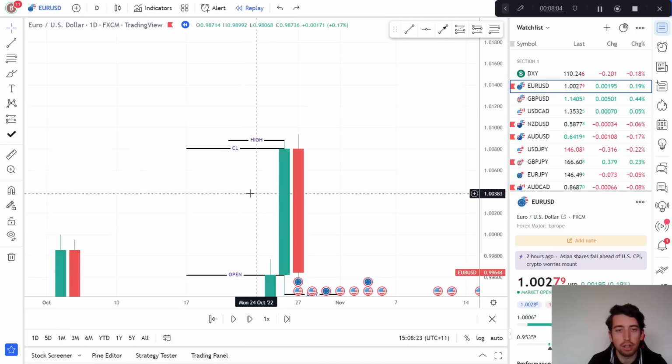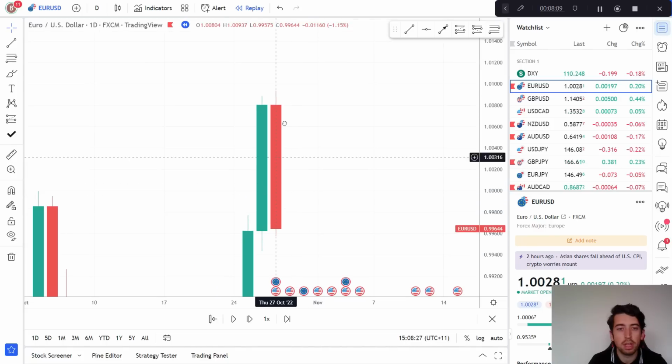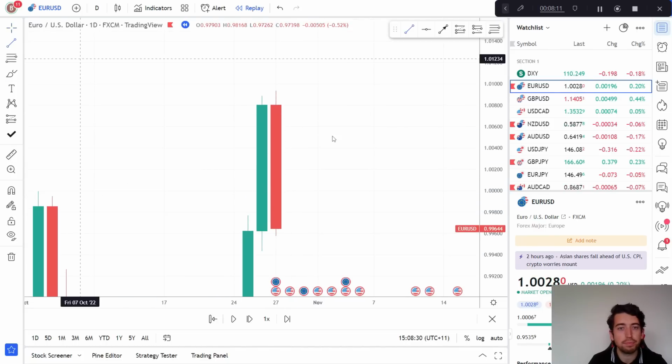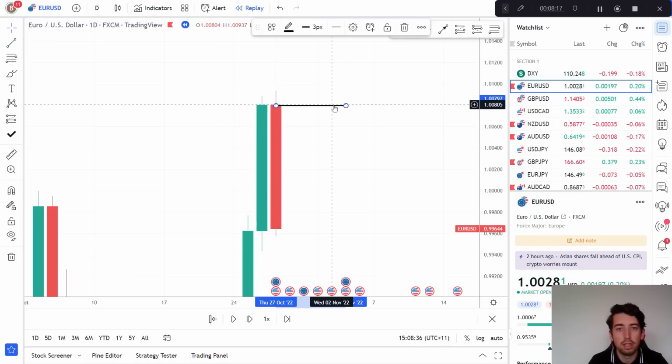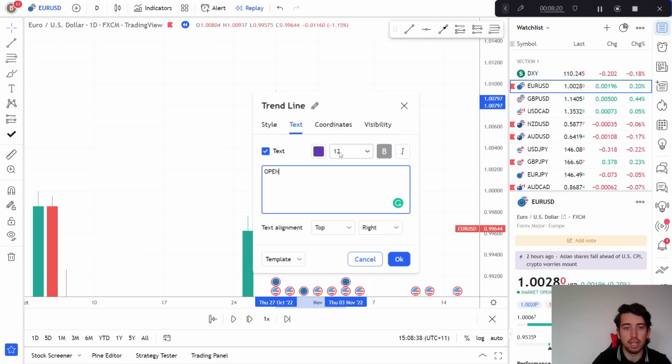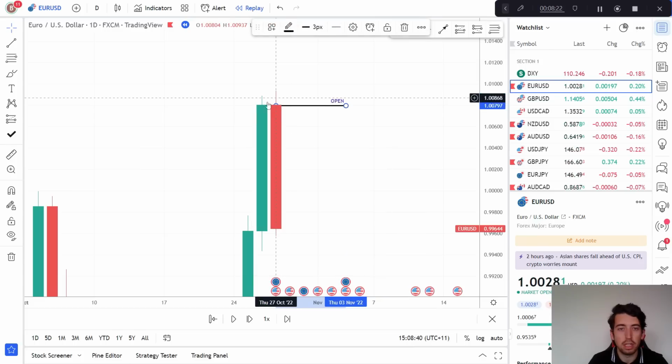Now, if I just get rid of all these things and just do this candlestick, let's start from here. This is pretty self-explanatory, isn't it? Now it's the open, because this one closed right here. The next candlestick is here.